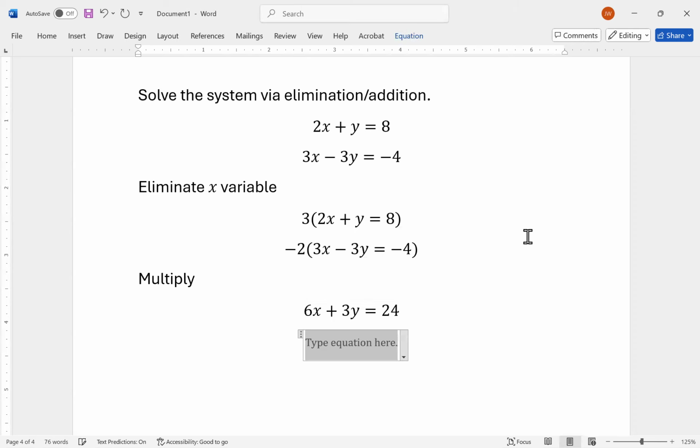That's what you get when you multiply all three terms of the first equation by 3. When you multiply the three terms of the second equation by a -2, you would end up with negative 6x plus 6y is equal to 8.